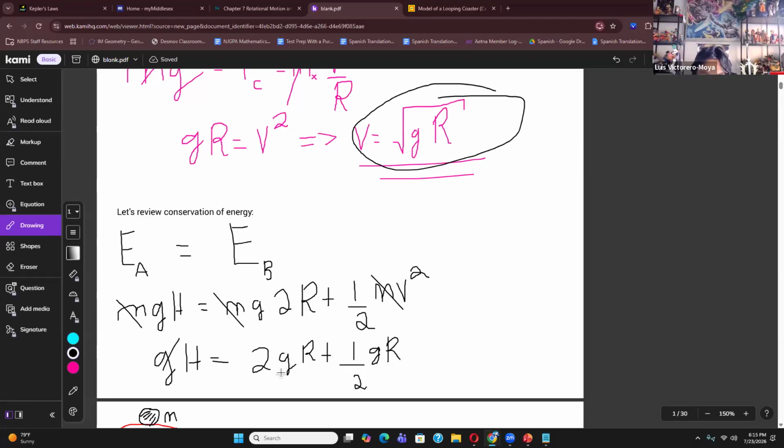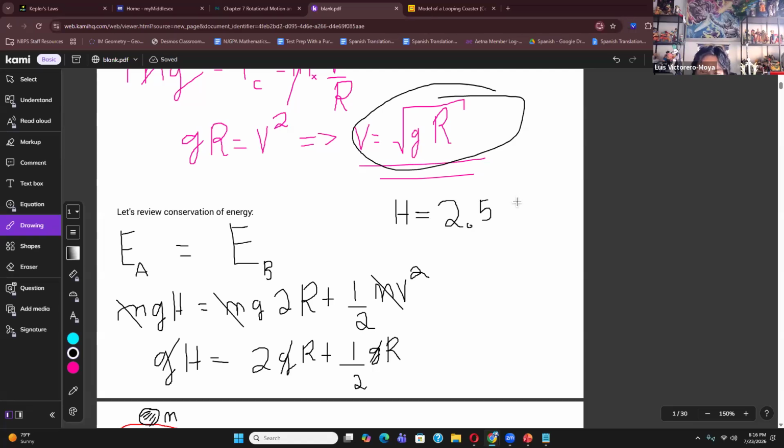And gravity also cancels. So I can get a value of height. So I can theoretically find the value of the height for the roller coaster so the mass makes it around the loop. 2r plus 1/2 r is 2.5r.